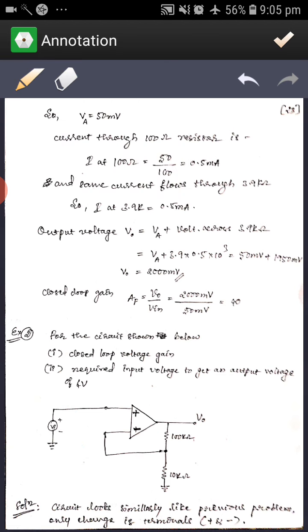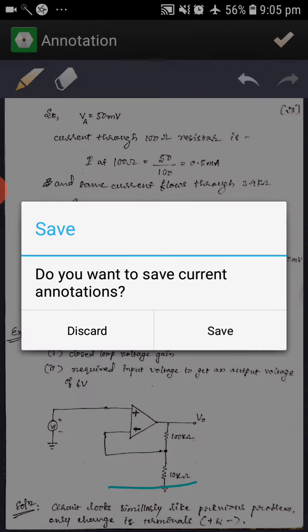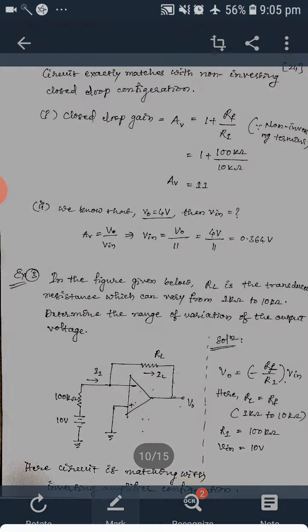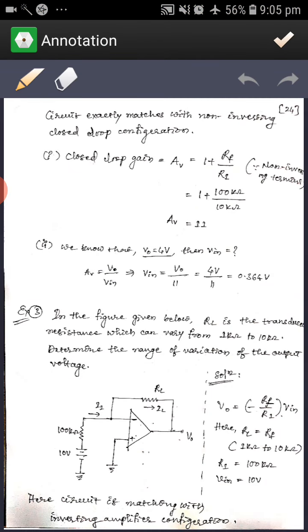So this exactly matches the non-inverting amplifier, and we can directly apply its equation. In the non-inverting amplifier, the gain is given as 1 plus Rf by R1. We know Rf and R1, so we can directly calculate the gain. Av is equal to 11. Then what is asked is to calculate the input voltage.